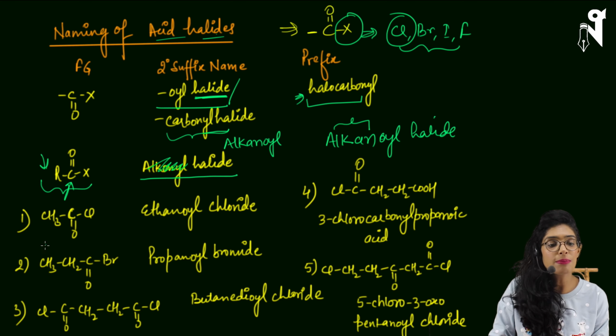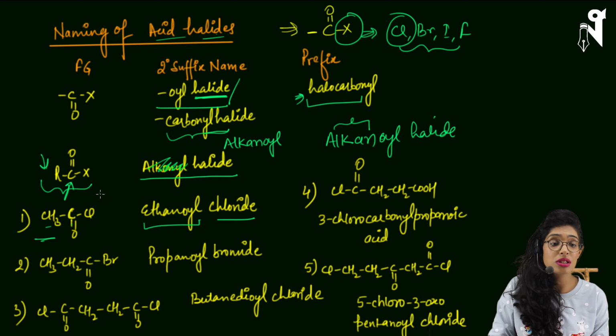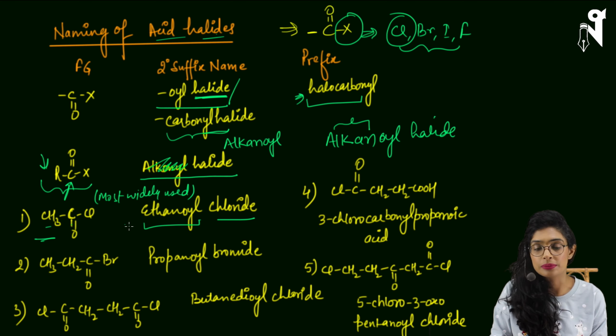Okay, so look at the first compound. We have CH3COCl. This is the smallest acid halide we have, and you have two carbons in the carbon chain, so it will be ethanoyl chloride, and this is the most widely used acid halide also.